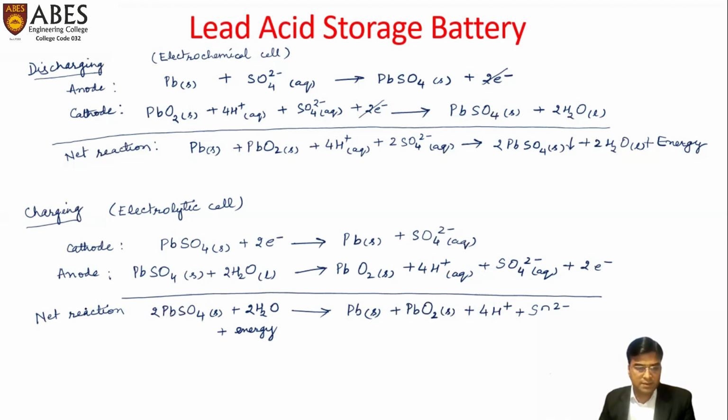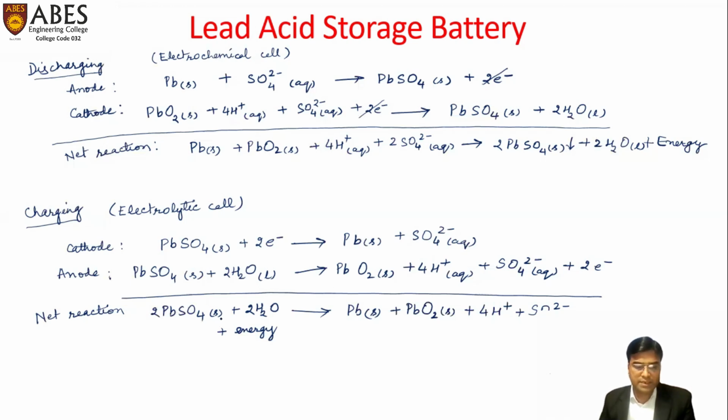We can see that concentration of H2SO4 decreases during discharging, H plus is being consumed, whereas it increases during the charging cycle. So during charging reactions, H plus are regenerated.